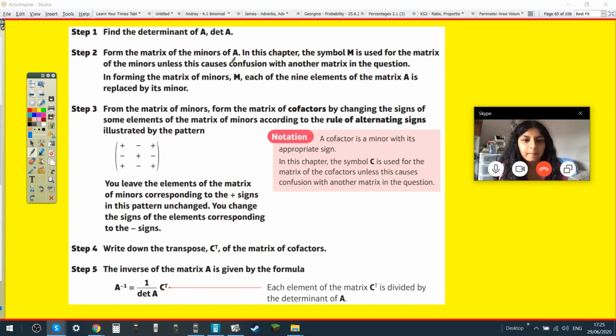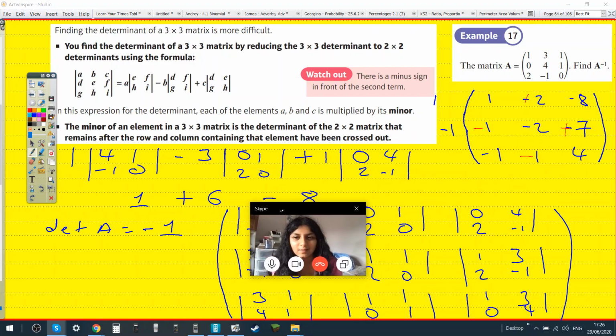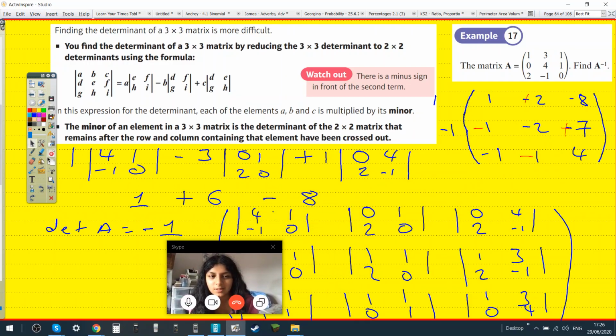From the matrix of minors, form the matrix of cofactors by changing the signs. You leave the elements corresponding to unchanged. Write down the transpose of the matrix of cofactors. That's when you swap the rows and columns, right?